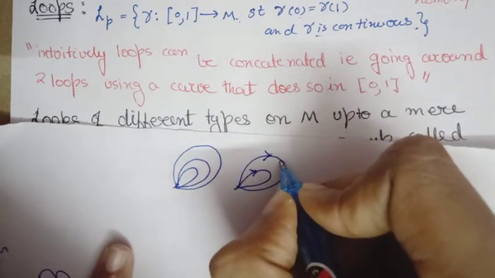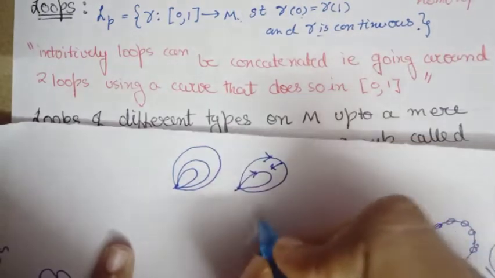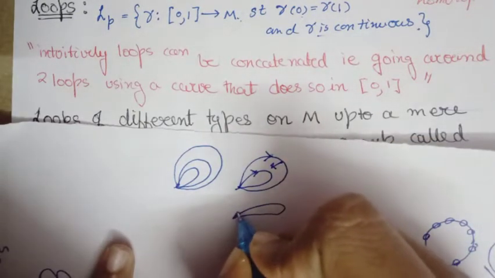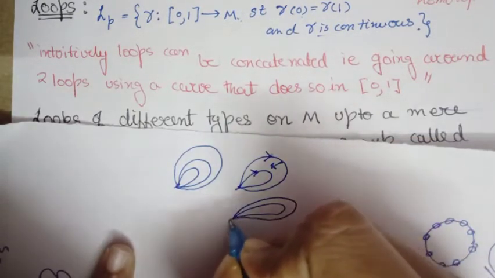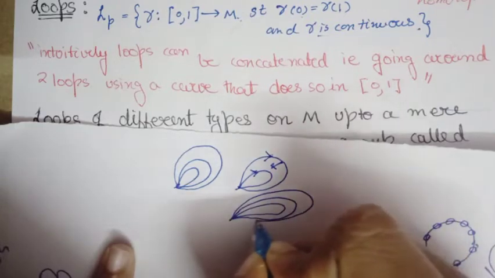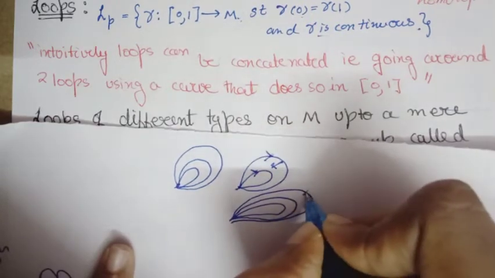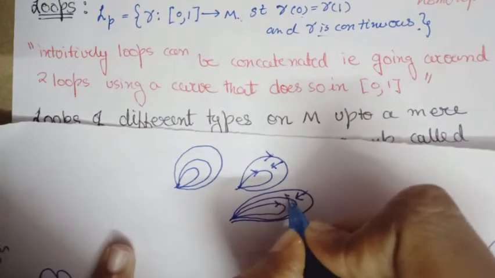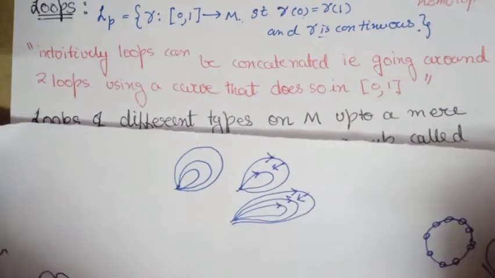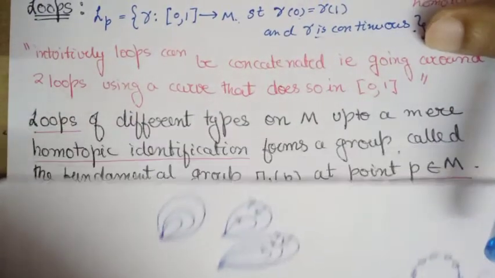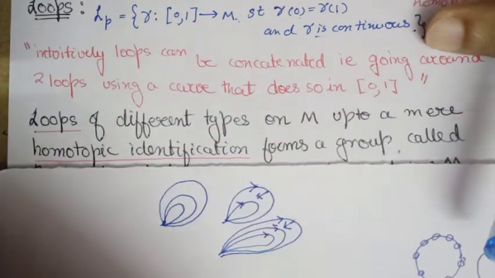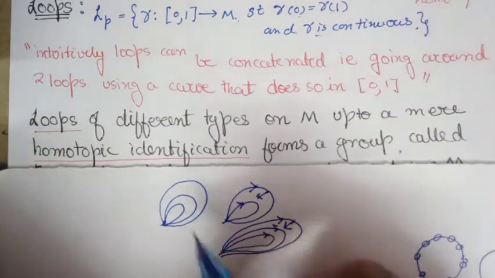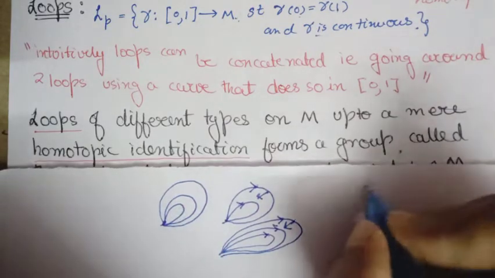This loop can be brought by continuous deformation like this, and then like this, and then this loop can be brought inside to these loops, provided you are traveling along the same direction. Hence one loop is homotopic to another if the loops are of this form.